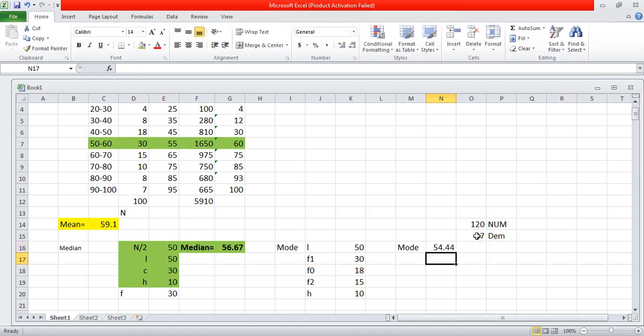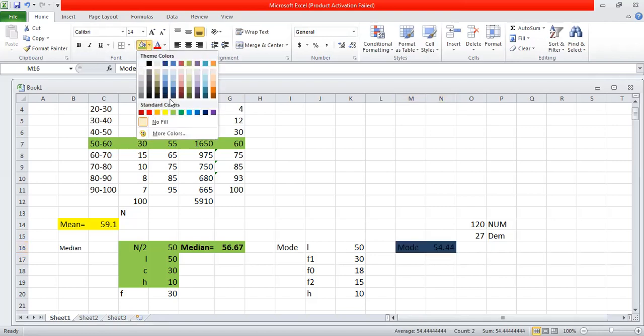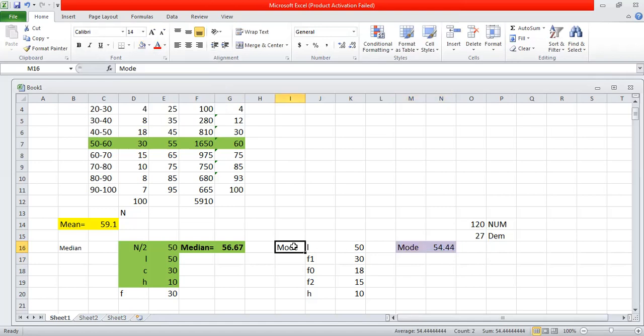So this will give you the mode value as 54.44. So this is the value of mode. So in this way, we can calculate the mode values. So this all indicates the modal values.